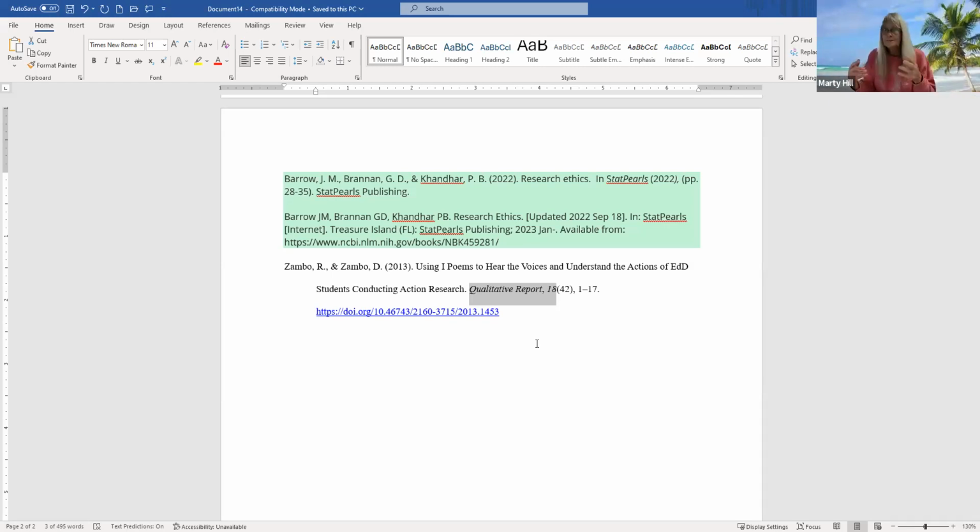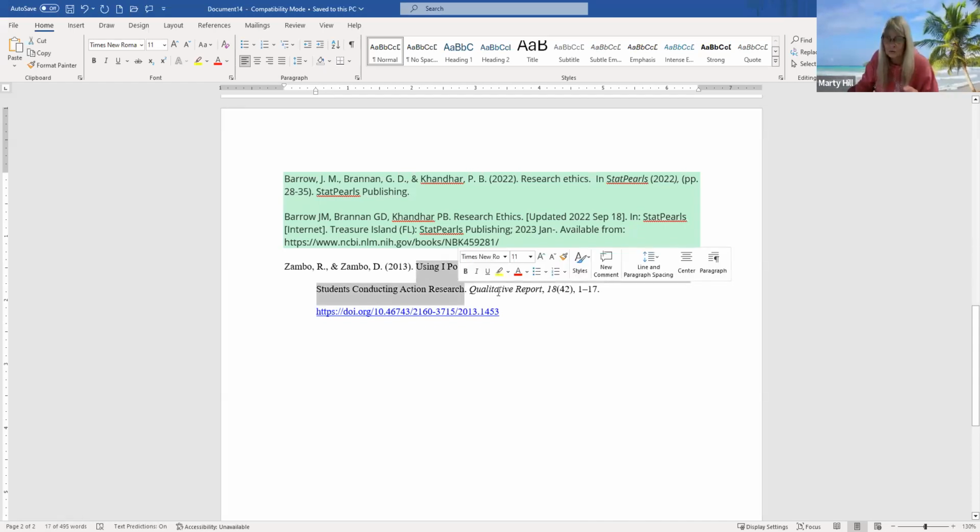So whatever that book or that title of that journal is, it is in italics. So this is an article in Qualitative Report, Volume 18, Issue 42. And this is the title of the article that is in that journal. So the title of the journal is in italics along with the volume number.